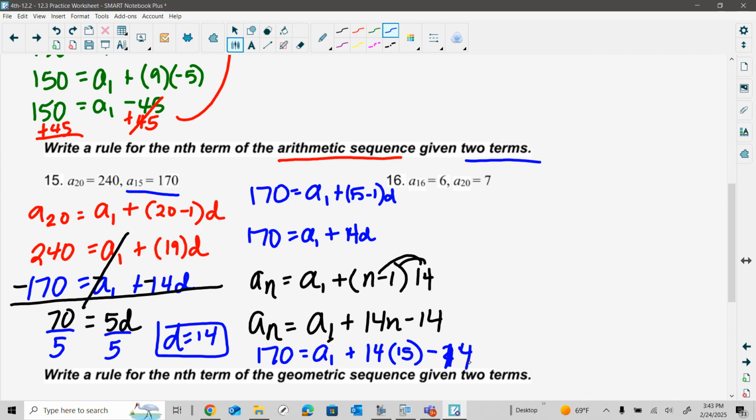All right, so I'm going to just do my math. 14 times 15 is 210, minus the 14 is 196. So this turns into 196.